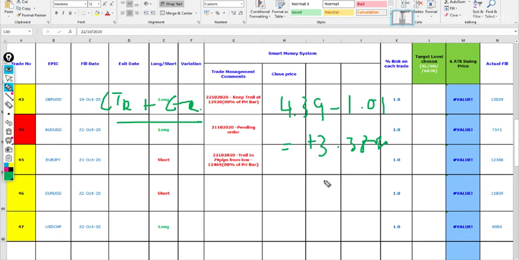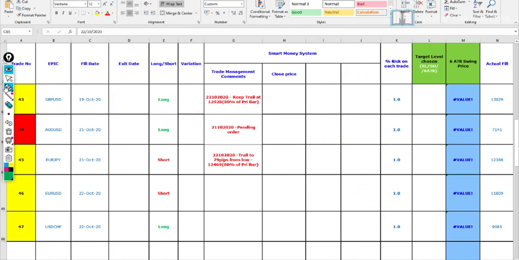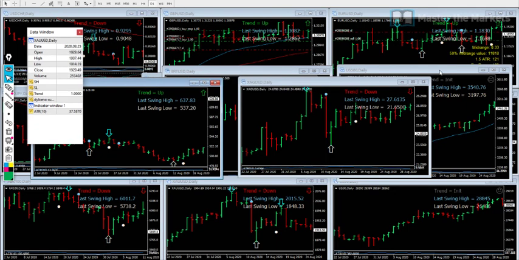Okay, and then we've got the pips, which is 246 pips here, and then we've got minus 82 here, and that gives us a total of 164 pips over here. So in essence, at £10 a pip, we've made about £1,640 for this week so far, and 3.38% up.